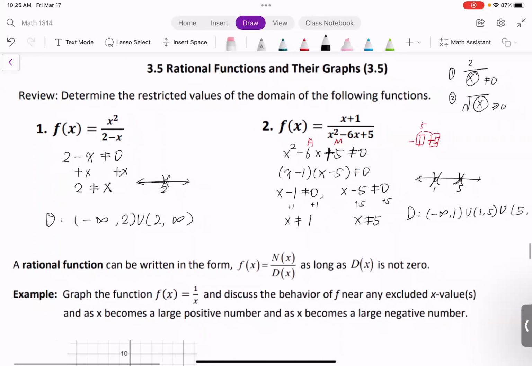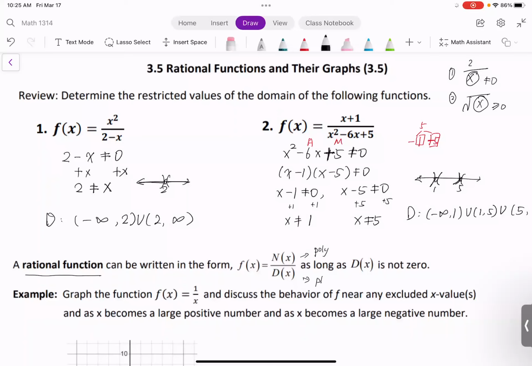So what is a rational function? A rational function is a fraction. So it has a top, it has a bottom. The top is a polynomial, and the bottom is also a polynomial. So f of x can be written like n of x over d of x.